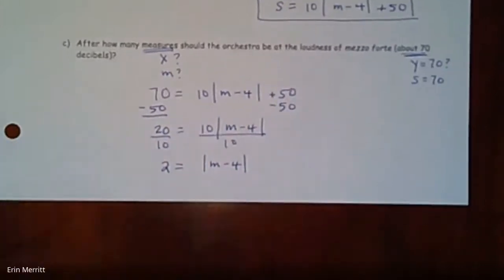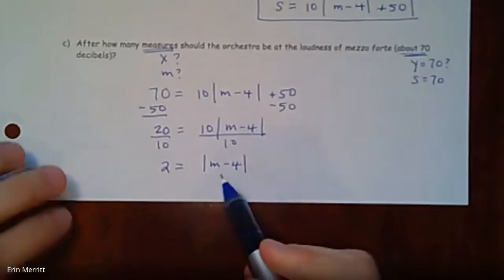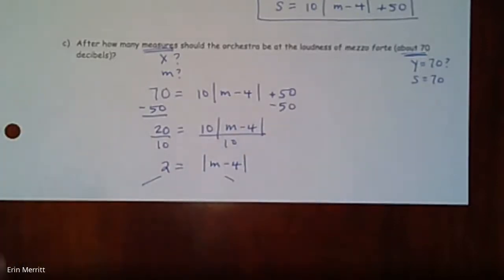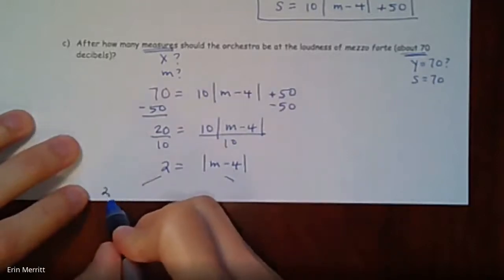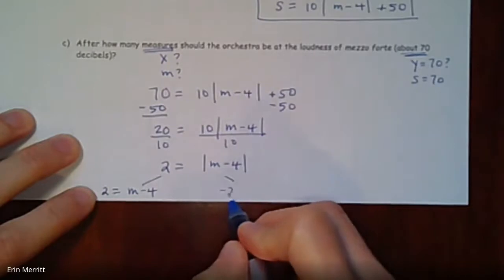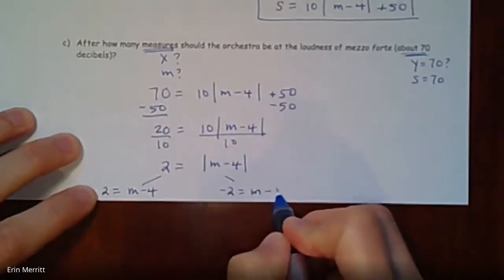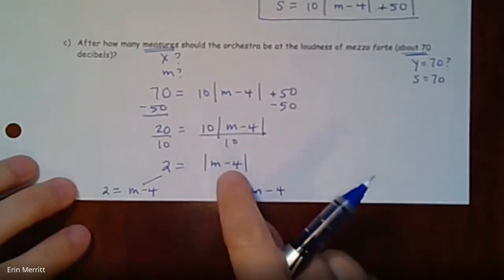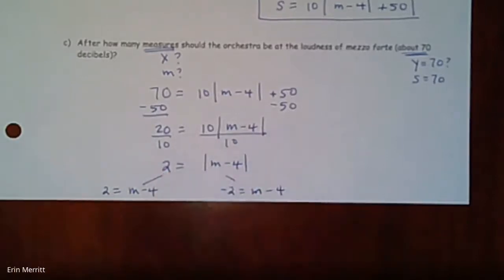Absolute value equations means you need to split it and create 2 separate equations. You drop the bars, you set it equal to positive 2. You drop the bars and you set it equal to negative 2, because there's 2 possible values inside of here that the absolute value would come out to be positive 2.